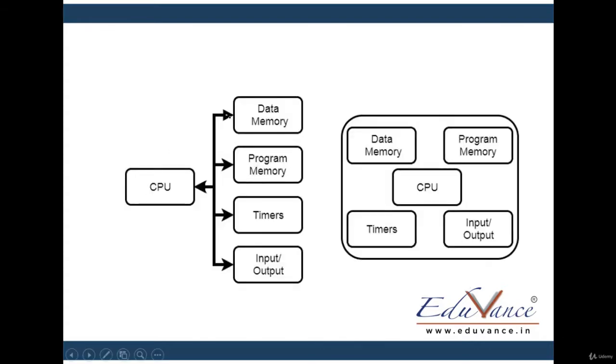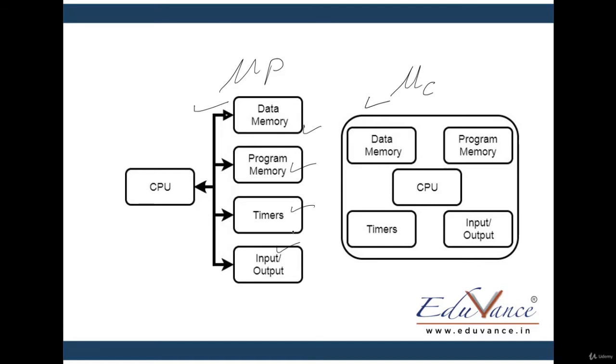Now if you look at the difference between the microprocessor and microcontroller, here is a diagrammatic representation of both. The CPU of a microprocessor will hold data memory, program memory, timers, input outputs.